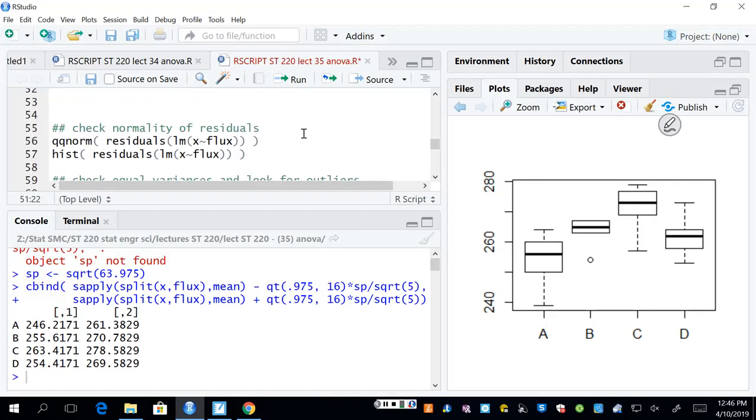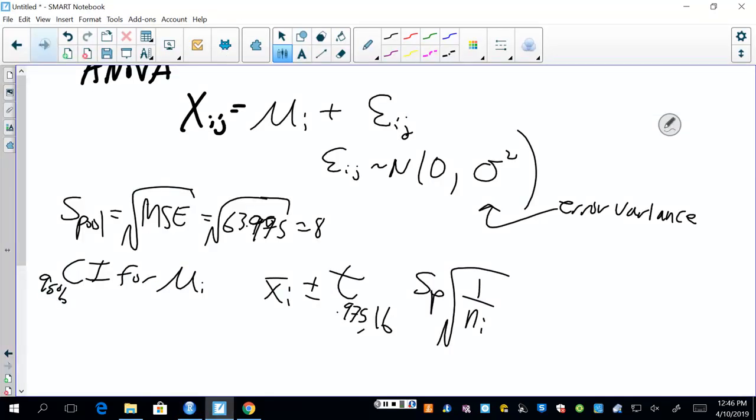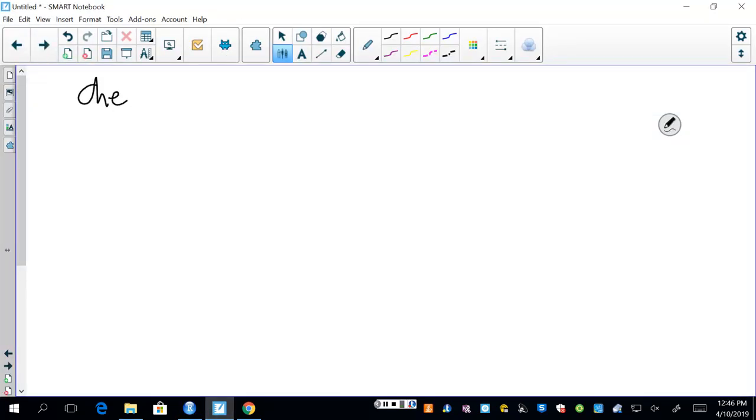In using analysis of variance, part of looking at the data is checking that residuals are supposed to be normal. The linear model gives us something called residuals, and we use them to check whether this model seems reasonable, checking assumptions.